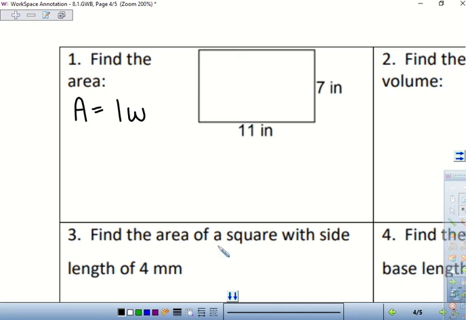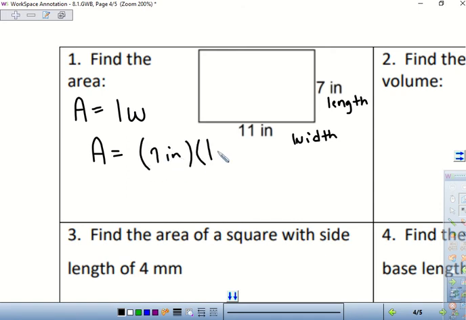It doesn't matter which one is length and which one is width. So the area is going to be 7 inches times 11 inches, which is 77. Very important, it's 77 inches squared.